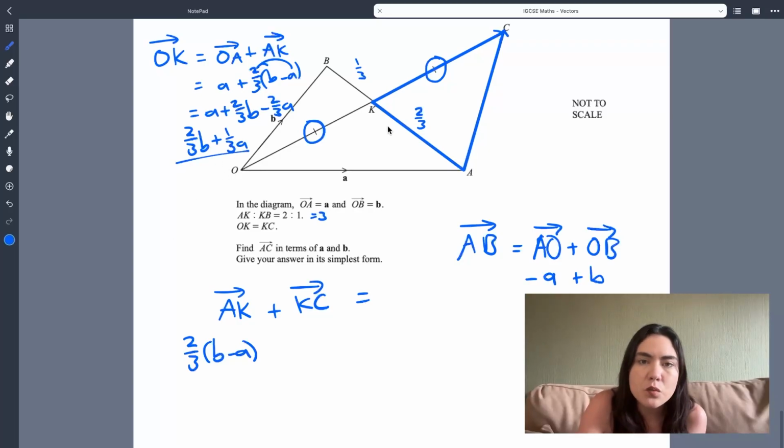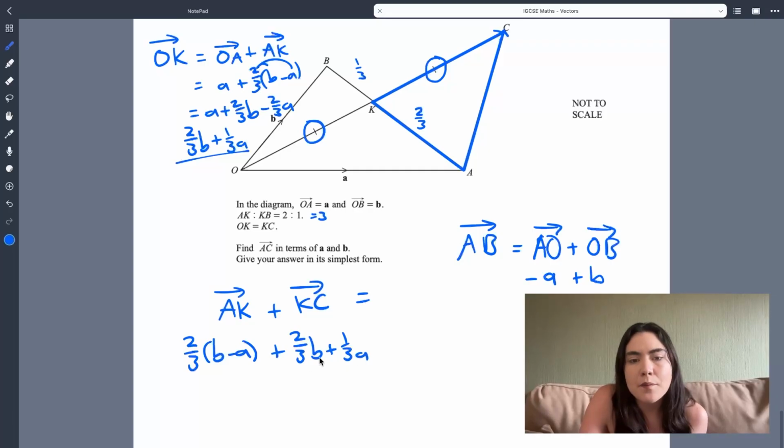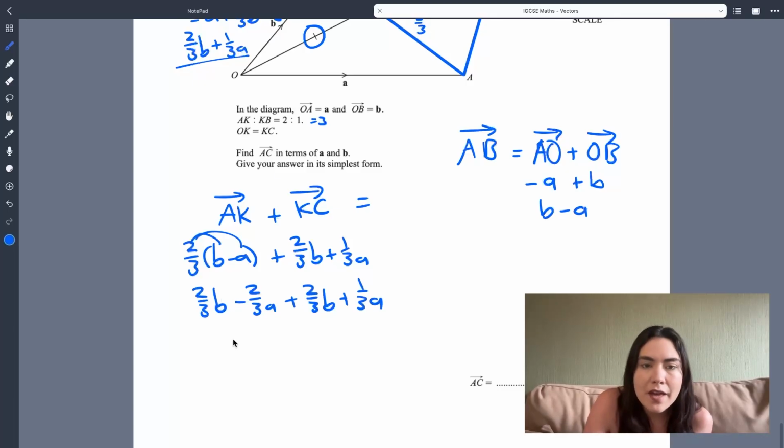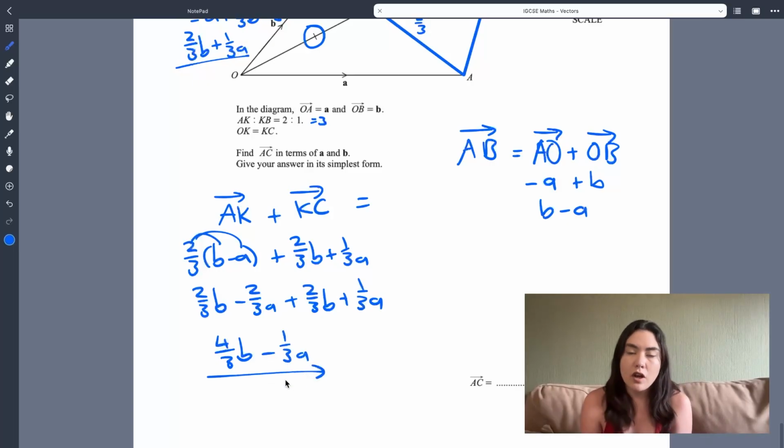So now that is what O to K is, which is the same as K to C. So I can add that here, 2/3 B plus 1/3 A. Now I can expand this, and I've got 2/3 B minus 2/3 A plus 2/3 B plus 1/3 A. If I simplify that, I end up with 4/3 B, and minus 2/3 plus 1/3 is going to give me minus 1/3 A. And there is your final answer.